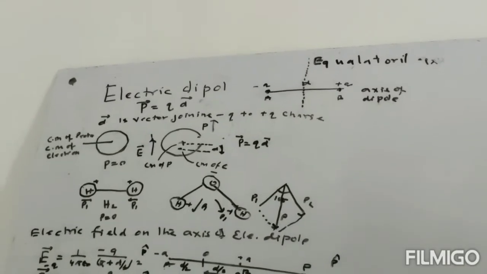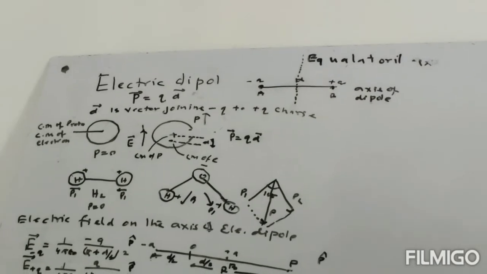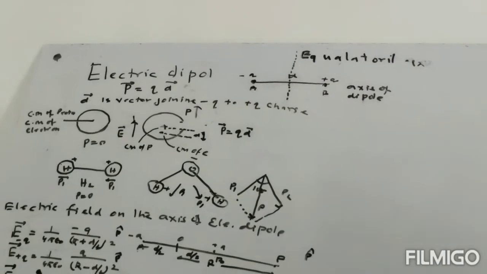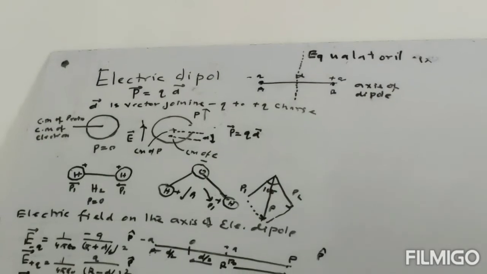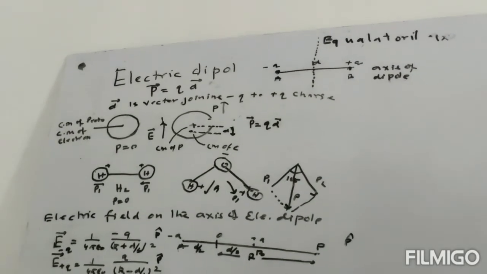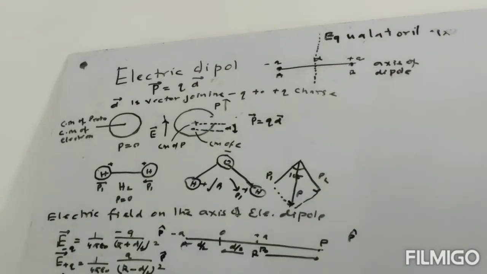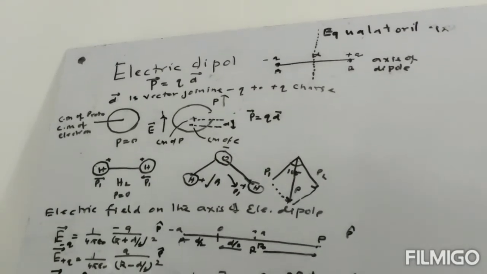The line joining the positive charge and negative charge is known as the axis, and the direction of dipole moment P is from minus charge q to plus q charge, that is A to B, and this is known as the axis of the dipole.